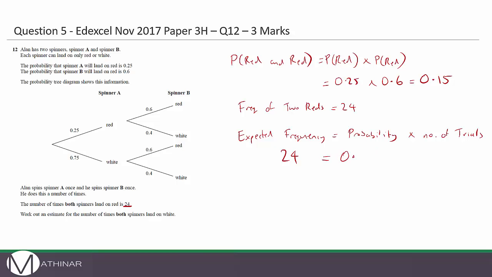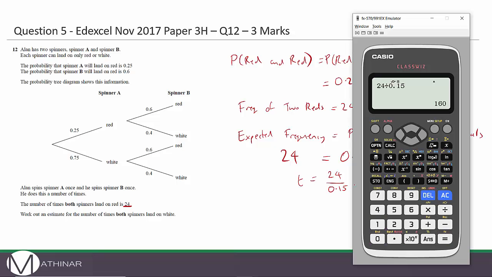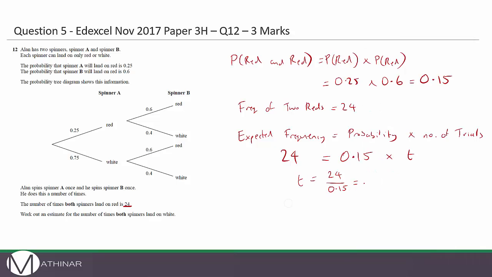The probability is 0.15, times the number of trials. That's what we're trying to work out, so let's call this T. We rearrange this: 24 divided by 0.15 will give us T. That's 160. So there are 160 trials. That's how many times he's done the spinners in total.